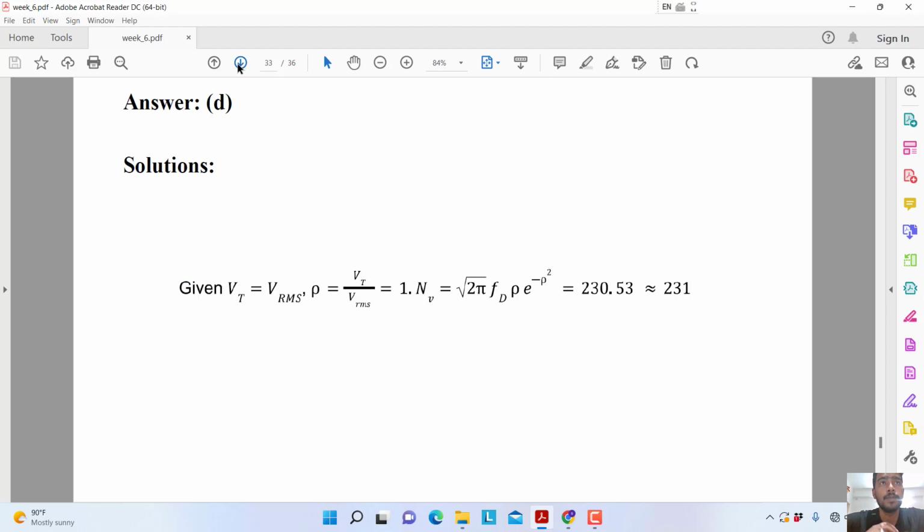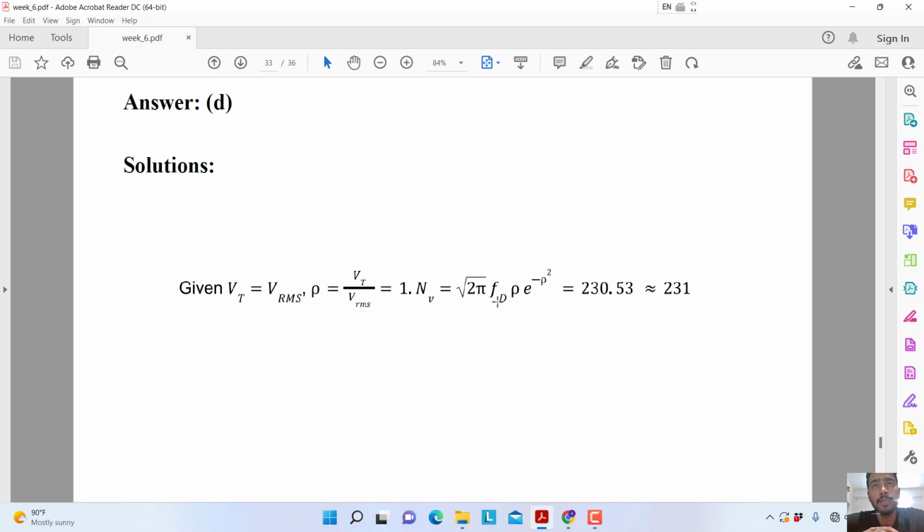Okay, so the threshold value here is V equal to VRMS. So we can calculate rho, which is VT upon VRMS, equal to 1. NV, the number of fades per second, is equal to the square root of 2 pi times FD times rho times e to the power minus rho square. From there rho is 1.